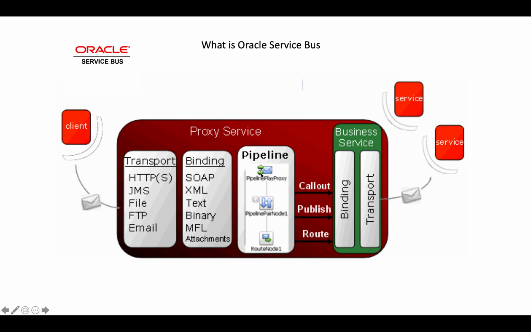This pipeline is going to transform the original protocol to the protocol you need to send this message. So maybe you're going to use callout, publish, or route, and bind this service using this transport protocol. Maybe the final destination uses SOAP, but the original message is coming from an email.